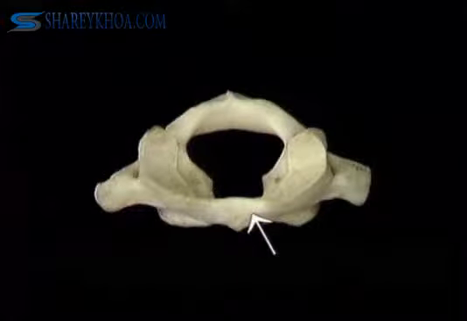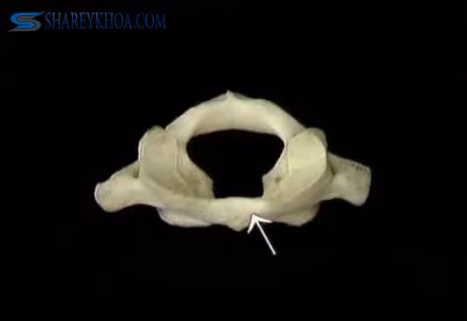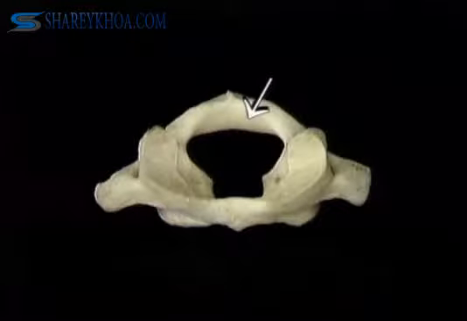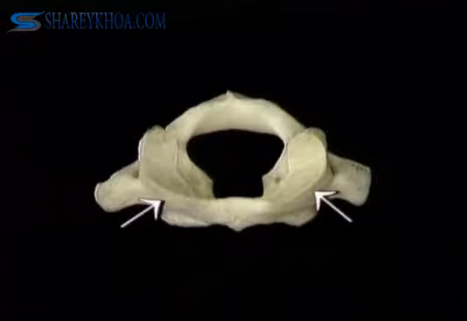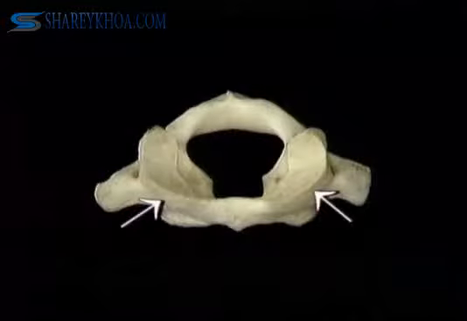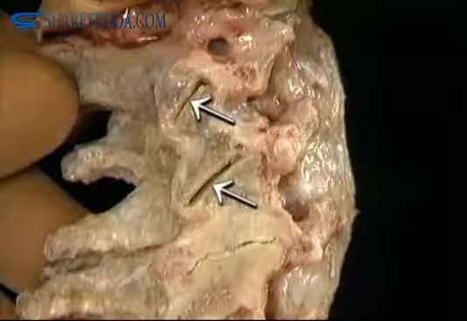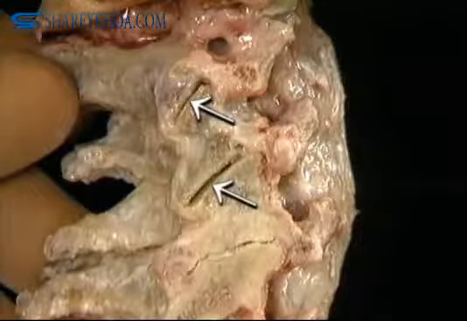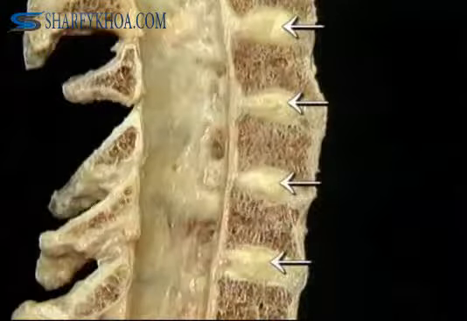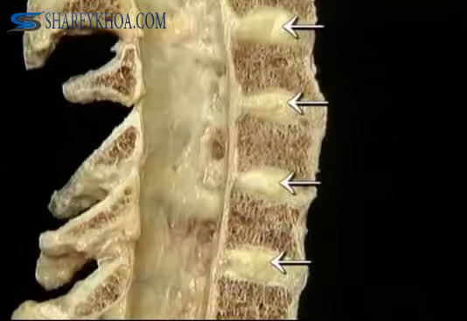On the atlas vertebra, here's the anterior arch, the posterior arch, and the lateral bodies. On the axis vertebra, here's the odontoid process. Here are the intervertebral joints and the intervertebral discs.